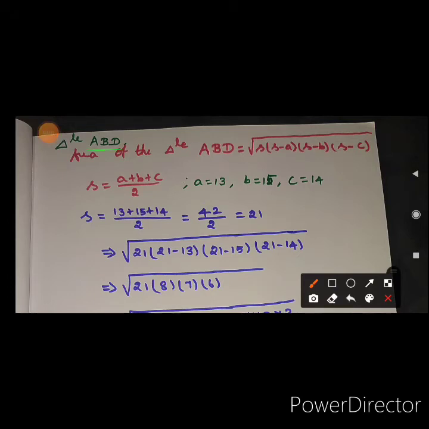Area of the triangle ABD, we know the formula, Heron's formula, square root of s into s minus a, s minus b into s minus c. So s is equal to a plus b plus c by 2. Here a is equal to 13, b is equal to 15, c is equal to 14.